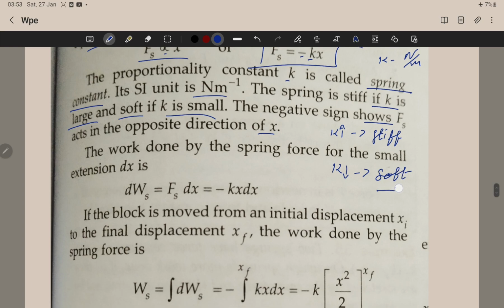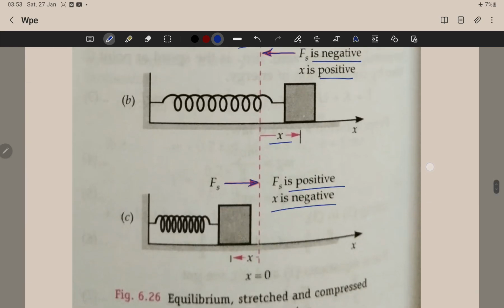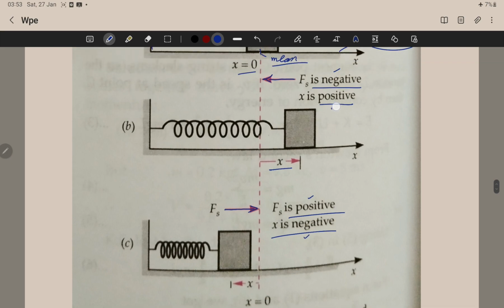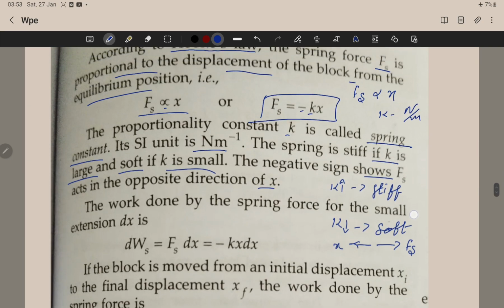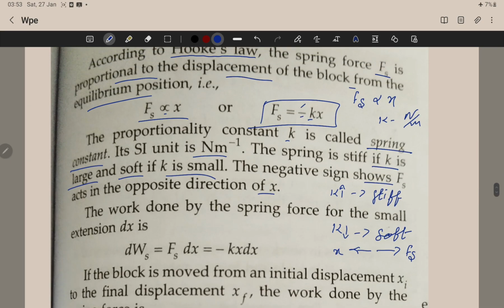Means Fs and x are always in opposite directions. We can see here if Fs is positive, x is negative. If Fs is negative, x is positive, which means they are both in opposite directions. So therefore this force is always negative if we consider the sign convention.